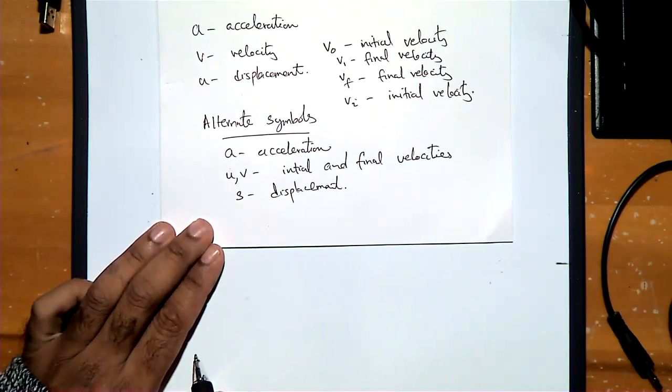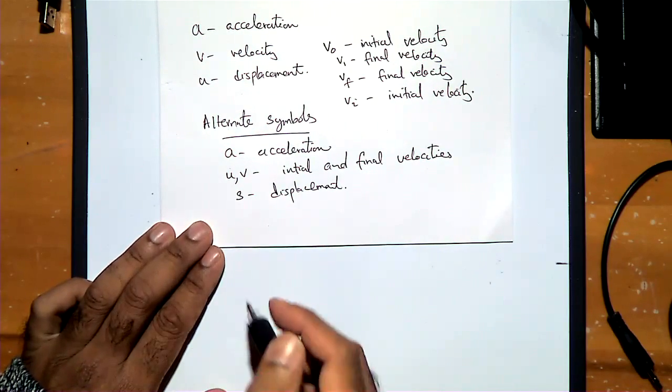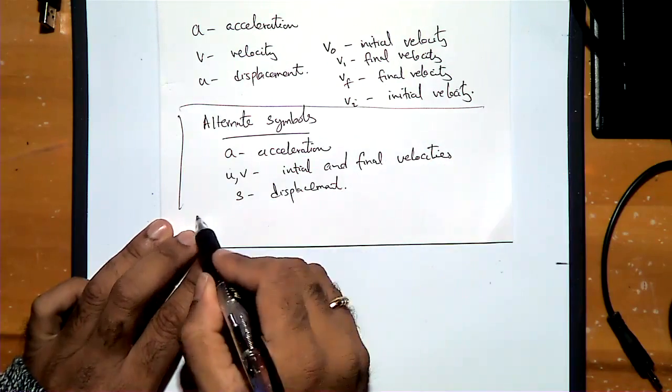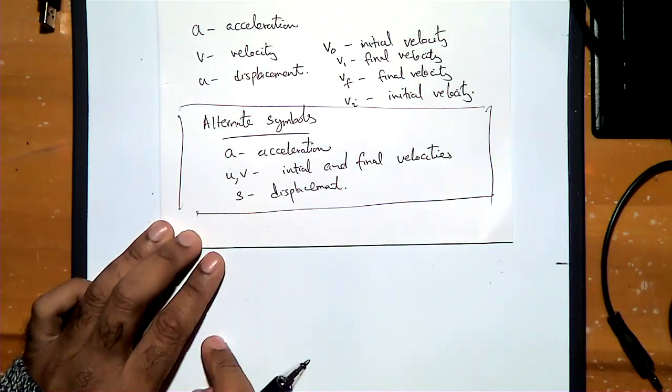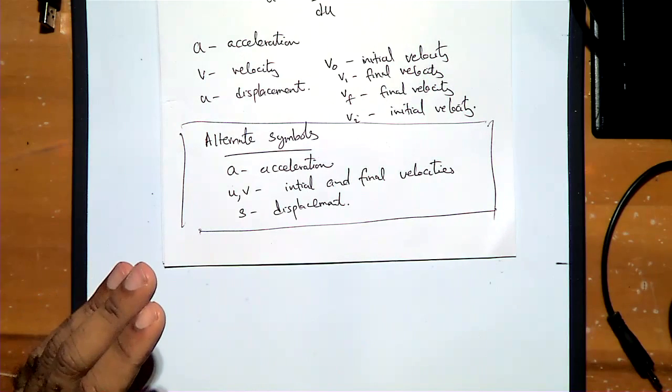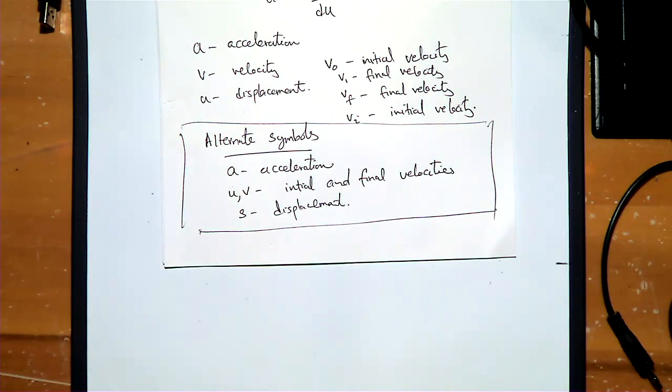Okay? So this is another set of notations that you'll see, and I want you to be aware of that. And the way to look at those notes, and indeed you'll find this in textbooks as well, you have to have an understanding of these kinematics, and then you'll be able to pick up what the differences are.